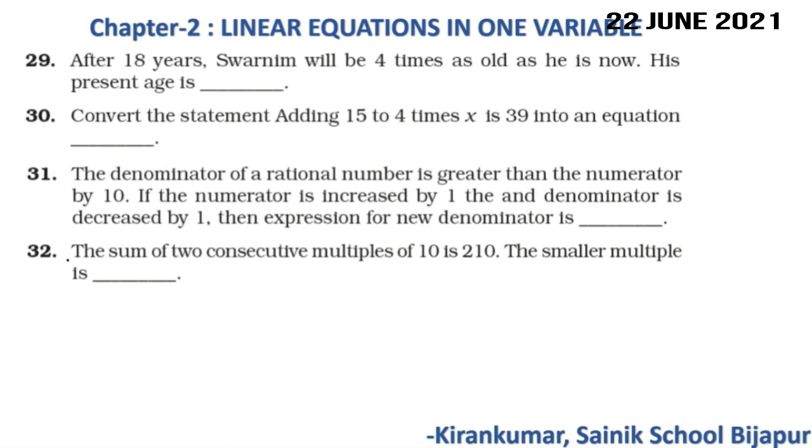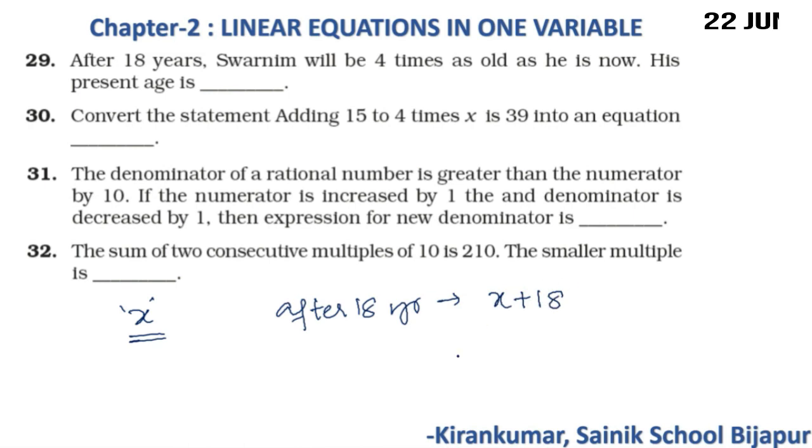Question number 29. After 18 years, Swarnim will be 4 times as old as he is now. His present age is. Suppose I consider x to be the age of Swarnim, after 18 years his age will be x plus 18.